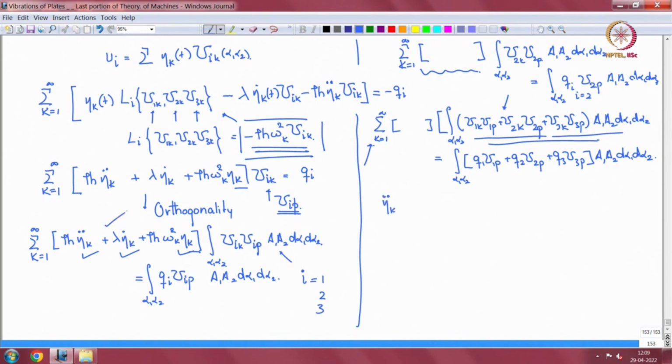Okay, if only one fellow got picked out, the kth fellow, k and p are equal. Okay, so I get rho h, let us keep it, rho h eta k double dot plus lambda eta k dot plus rho h omega square k eta k, into, we will call this Nk.